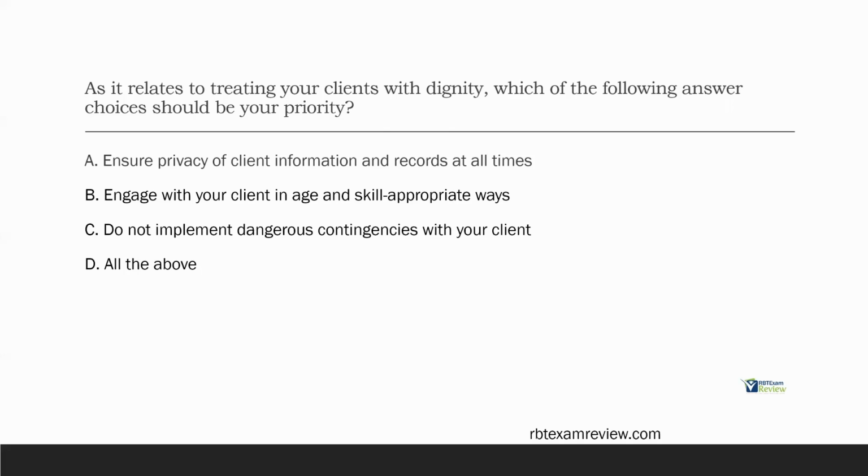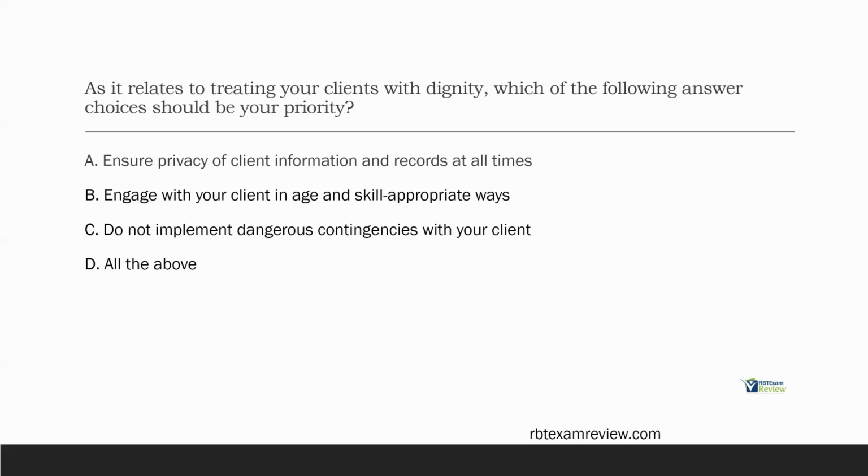Let's keep reading. B, engage with your client in age and skill appropriate ways. Should we treat a client who is 12 and functions at a 12-year-old level like a 12-year-old or like a 12-year-old with a disability? We need to treat them like a 12-year-old, meaning if they have age and skill appropriate behaviors for 12-year-olds, treat them like a 12-year-old. Talk to them like a 12-year-old. Don't talk to them like a child, okay?